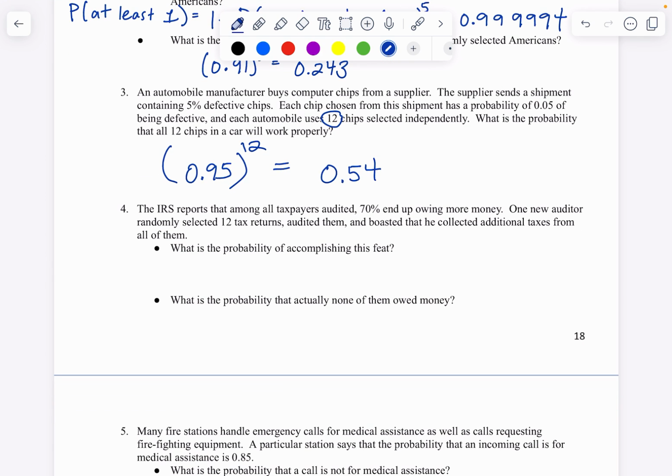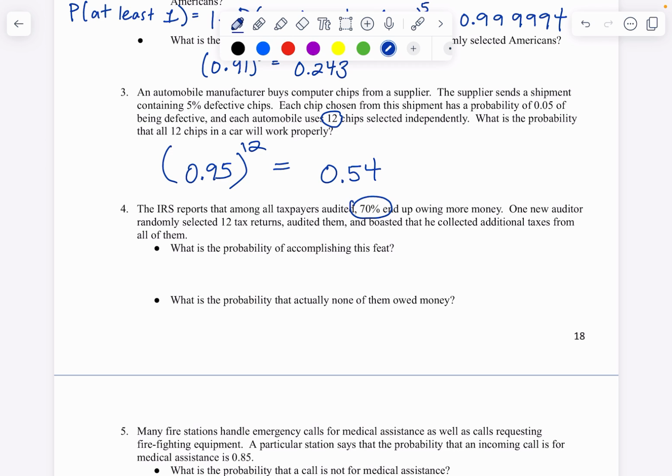Okay, number 4 says, the IRS reports that among all taxpayers audited, 70% end up owing more money. One new auditor randomly selected 12 tax returns, audited them, and boasted that he collected additional taxes from all of them. What is the probability of accomplishing this feat? Okay, 70% of people owe more money.